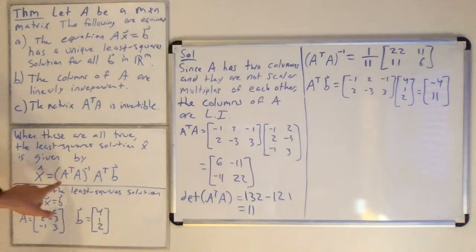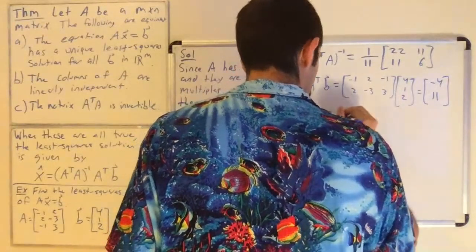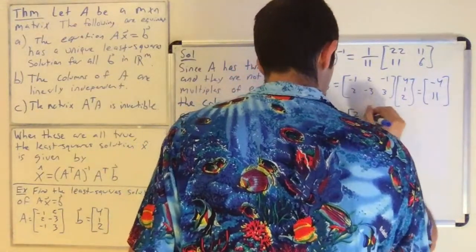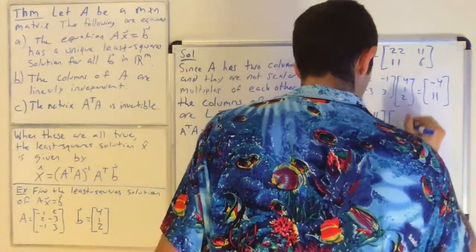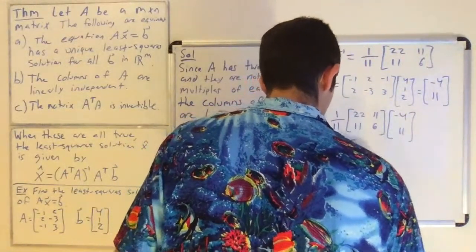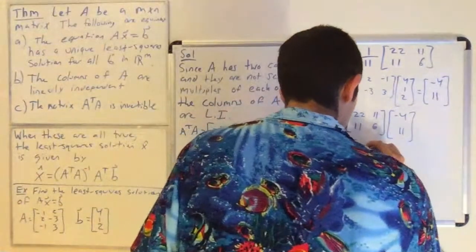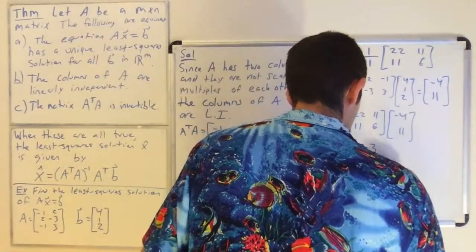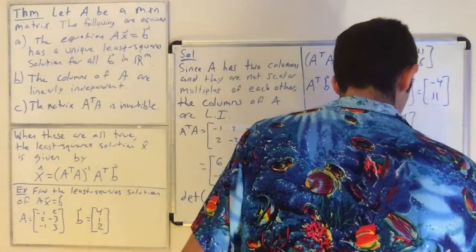We know x hat is equal to this matrix times this vector. So this works out to be 33 over 22, which is the vector 3, 2.